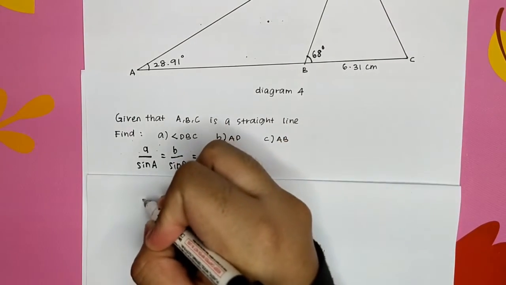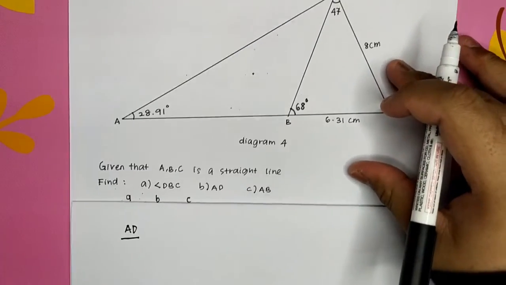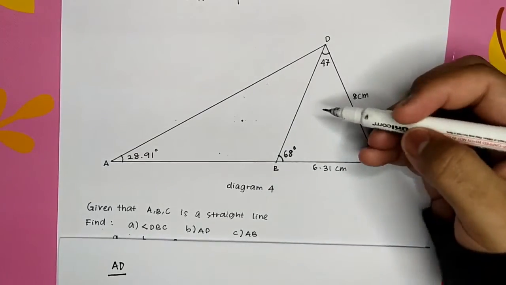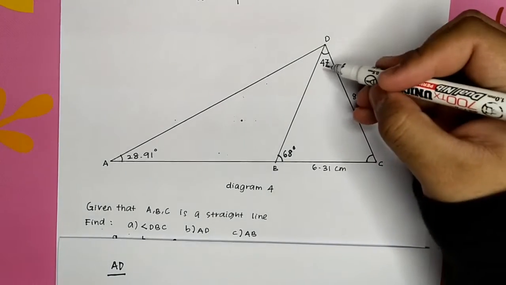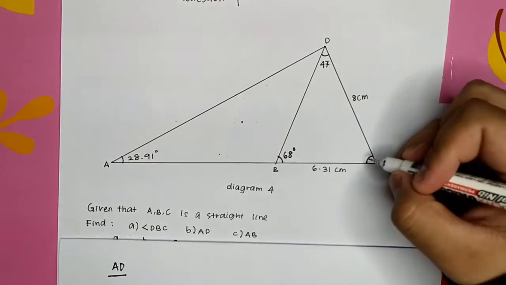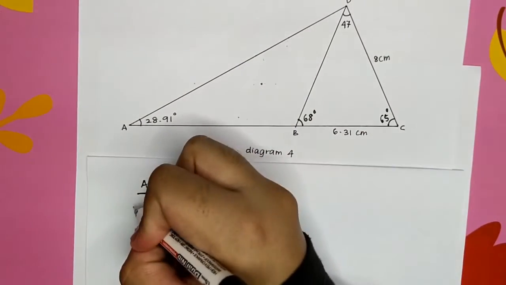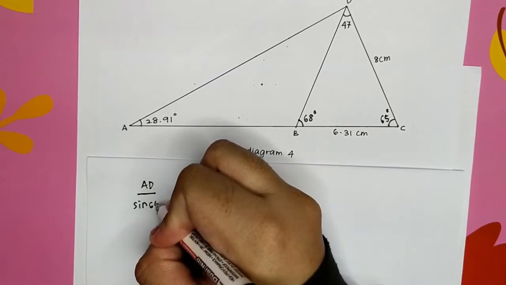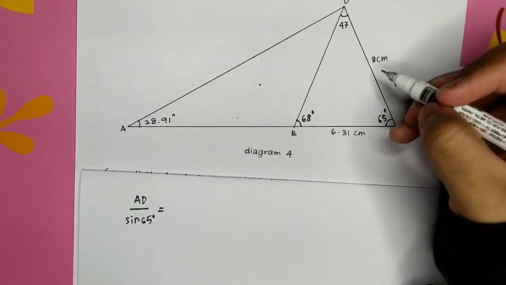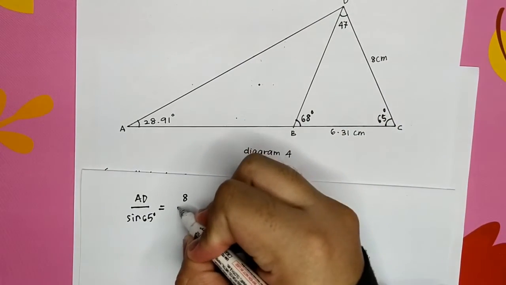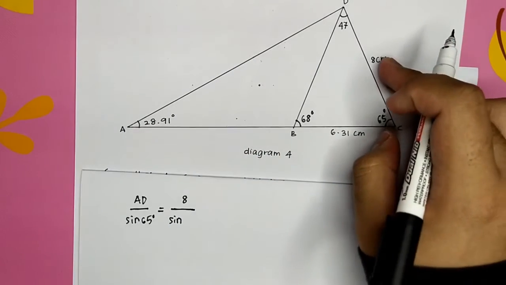So by using the formula, we take A as AD over, so let's use the opposite angle of the side here. So 180 minus 47 minus 68. Here we will get 65 degrees. So AD over sine 65 degrees equal to, let's take here 8 over sine, what is the opposite angle of this side?